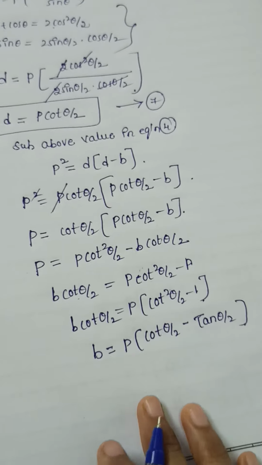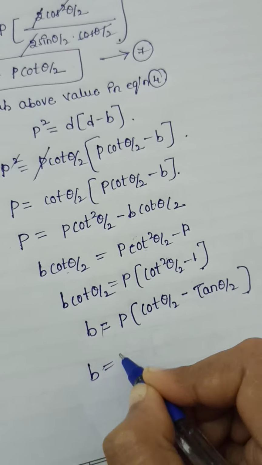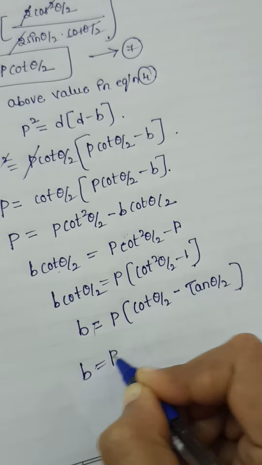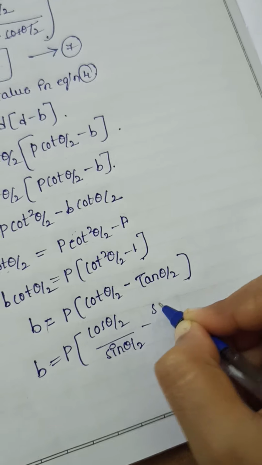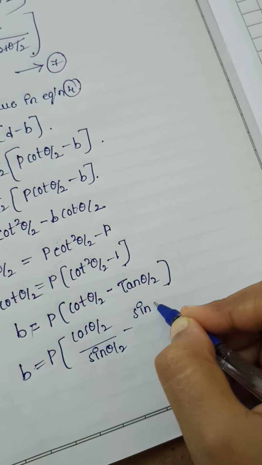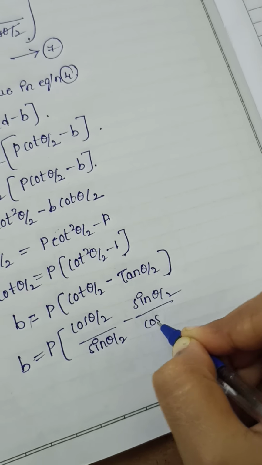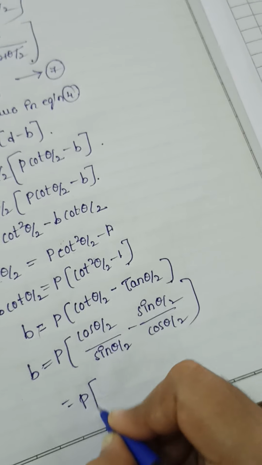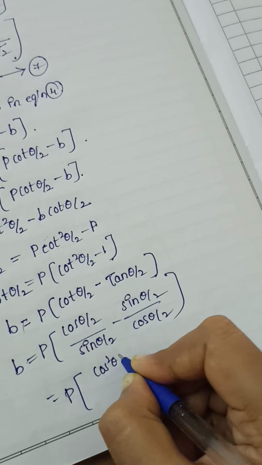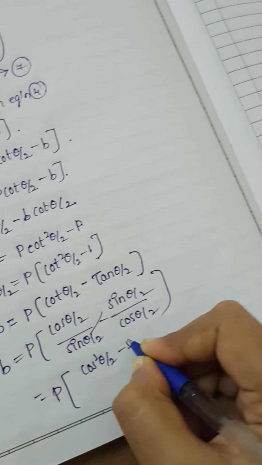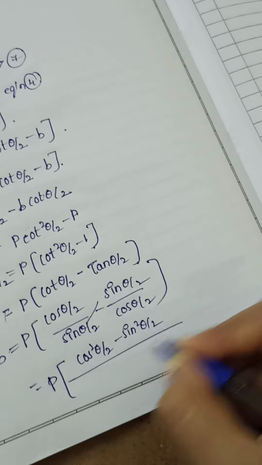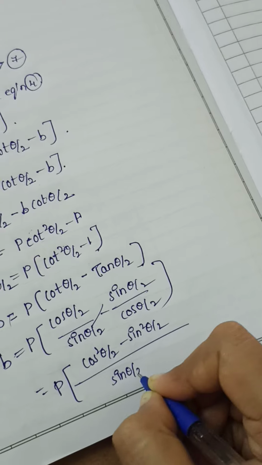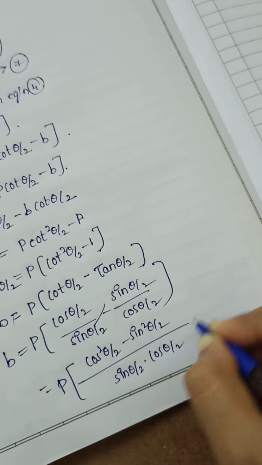Now again I am simplifying this equation. B is equal to P into cos by sine minus sine, tan means sine by cos. Now cross multiplication: cos square theta by 2 minus sine square theta by 2, divided by sin theta by 2 into cos theta by 2.